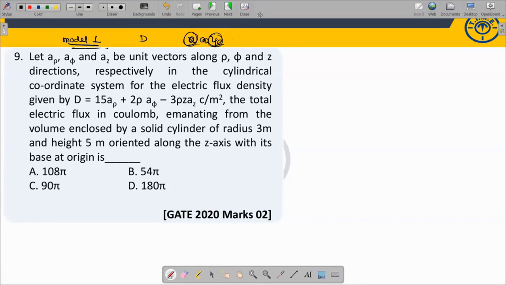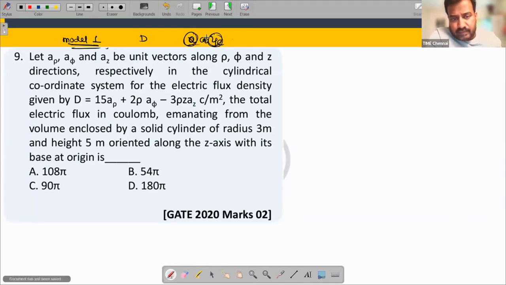Got the answer? Anyone got the answer? How to solve this? Model 1. Anyone got the answer? Dinesh, Tanushree, Satvik, are you trying? Shall I solve or are you trying?